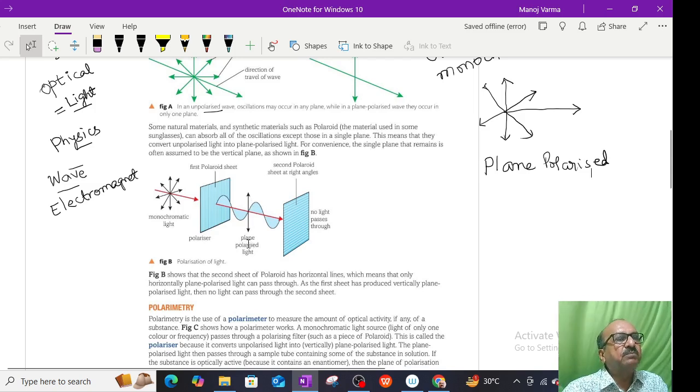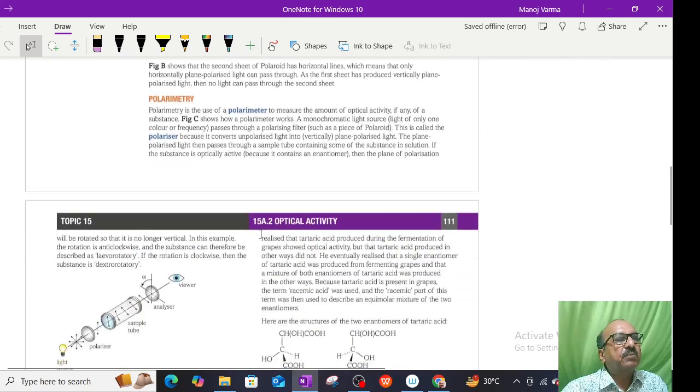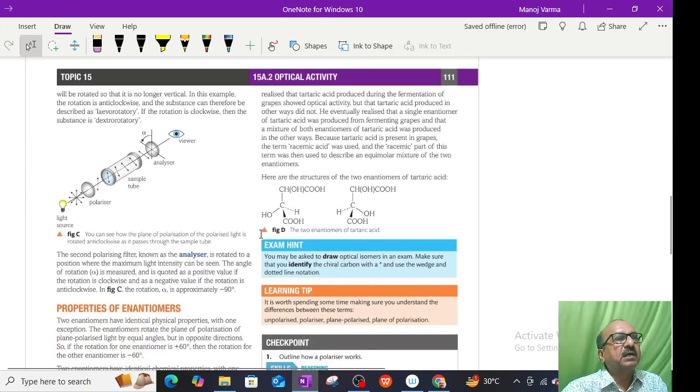Now, why do we need polarized light? Because we have to study the property of the molecules, as to what happens when this polarized light passes through a sample which is contained in this tube.